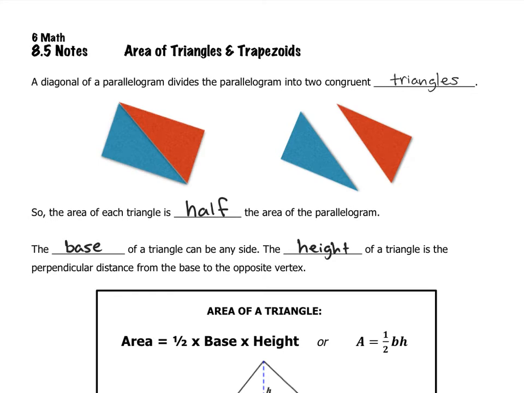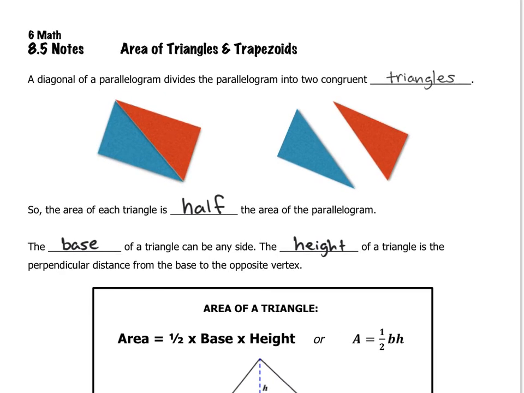So for example, if I were looking at the blue triangle that I have drawn here, the base of the triangle could be this side here. If this is the base, then that means that this side has to be the height, because again, the height is the perpendicular distance from the base to the opposite vertex. This would be the vertex opposite the base.